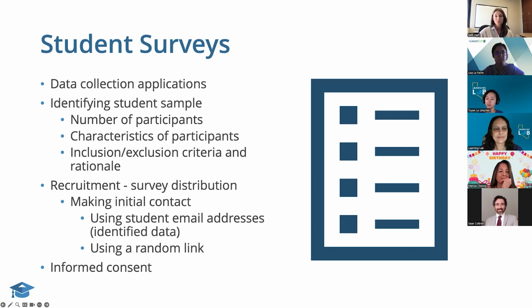You'll want to explain how you plan to identify your student sample. Lisa talked about how one of the important principles of IRB is making sure that there's broad inclusion. And so you'll always want to say potentially who could be included and who would be excluded. Some typical inclusion or exclusion criteria might be related to age, gender, geographic location, race, ethnicity, subject matter.